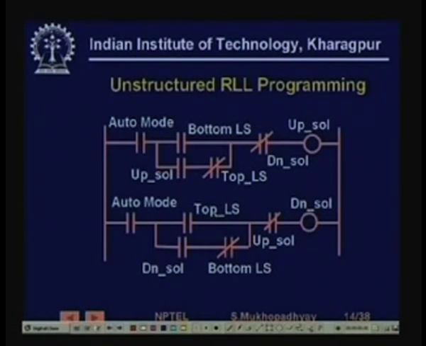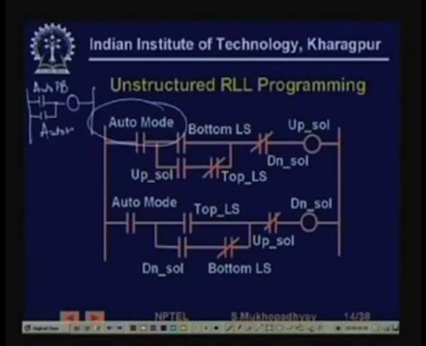It says that if the auto mode, by the way, this auto mode is an auxiliary contact corresponding to some logical variable which you can set by a simple rung: if it is auto PB, then you have an auto mode coil, and here you can have the auto mode auxiliary switch, so that the PB can be released.